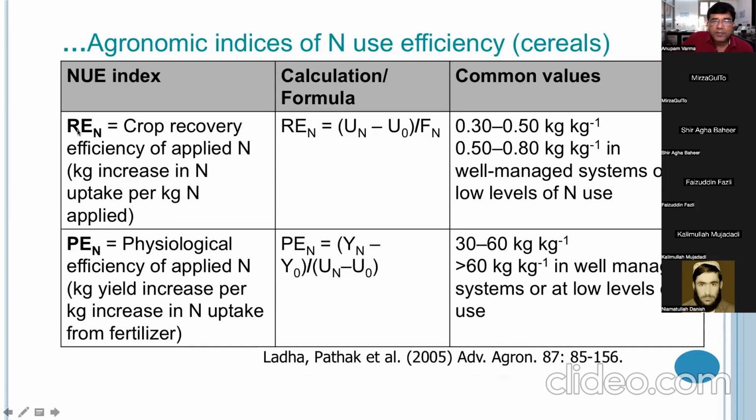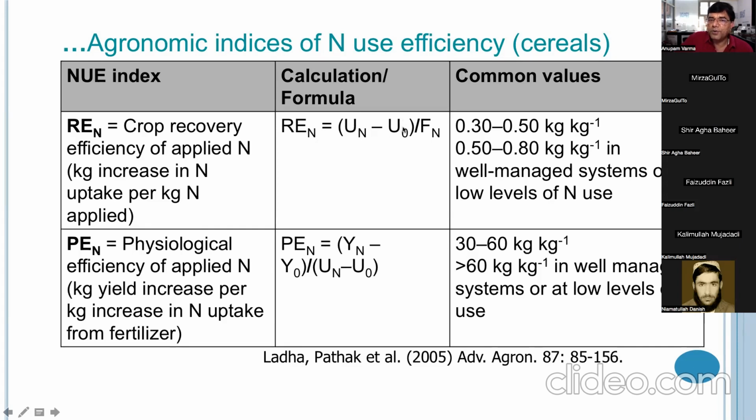Now we go for recovery efficiency. So this is actually absorption. This is with respect to absorption of nitrogen or uptake of nitrogen. So you can see recovery efficiency is uptake in nitrogen treated plot, how much nitrogen is taken up by the crop in kg per hectare in treated plot where you have applied fertilizer, minus where you have not applied fertilizer.